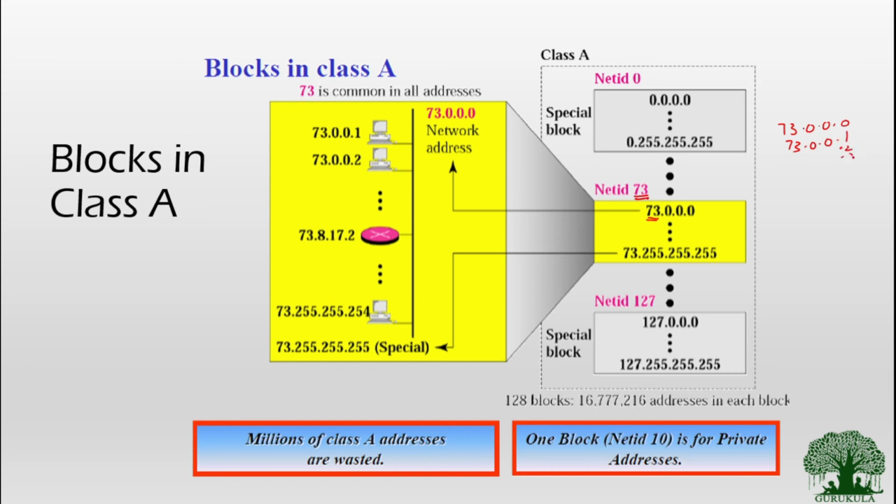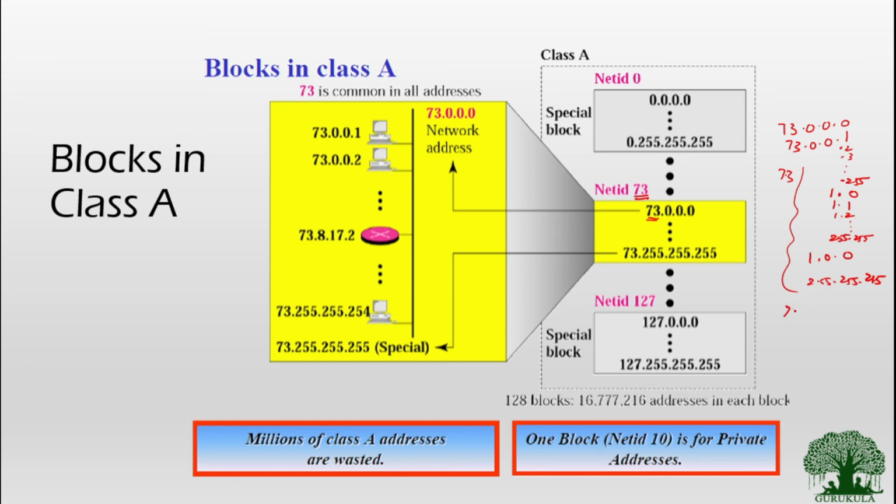Likewise .2, .3, it runs up to .255. After 255, it will run from 1.0, then 1.1, 1.2. Likewise it goes on until 255.255. Later on, it will be 1.0.0, and it goes up to 255.255.255. For all these, 73 is common, right?